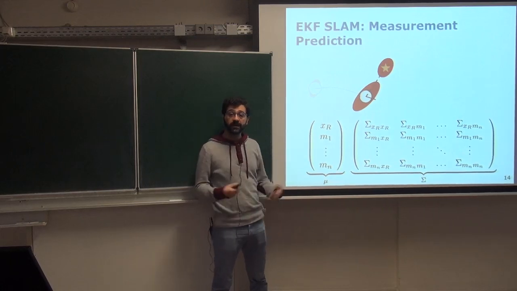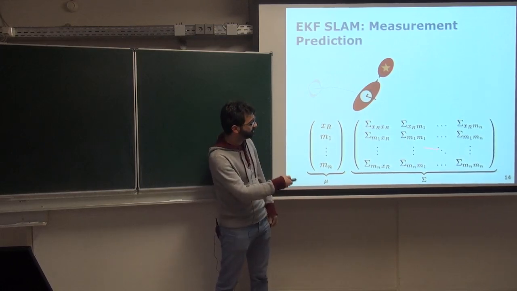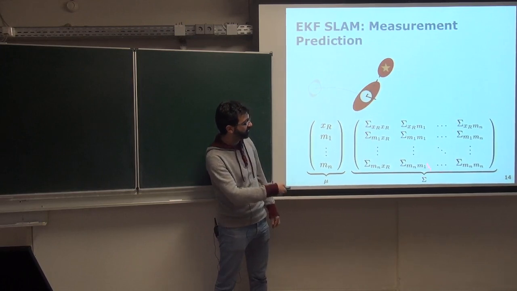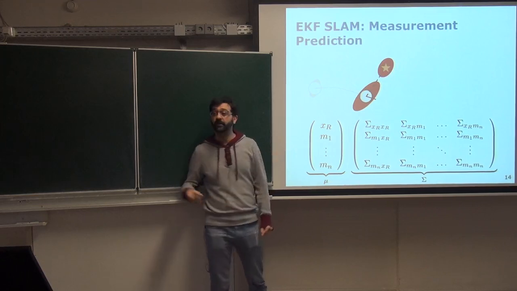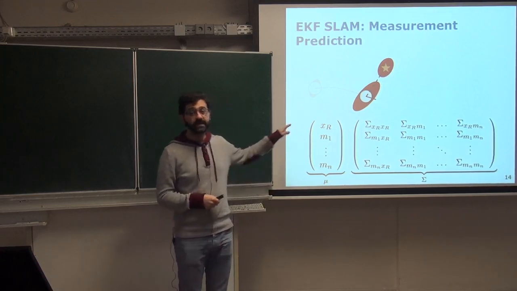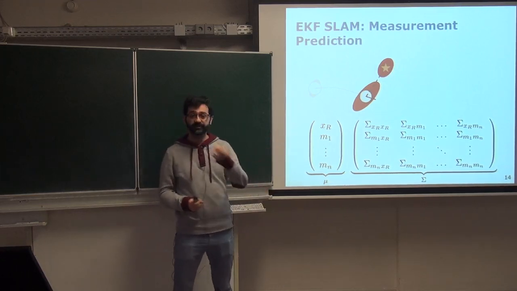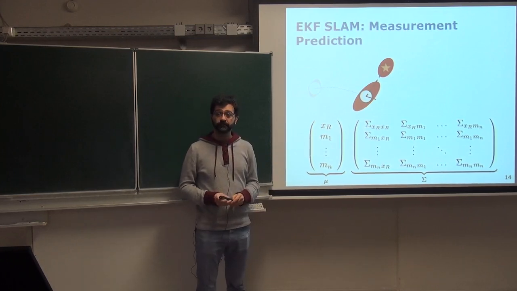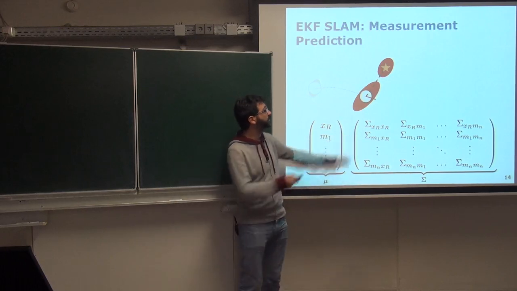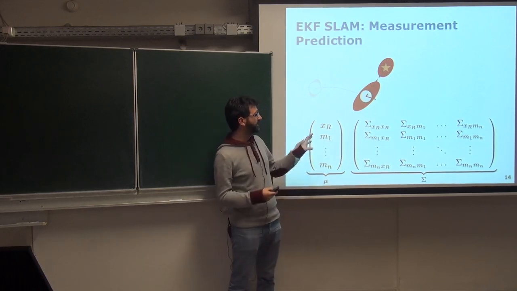Then we propagate the uncertainty of the covariance matrix through this function to get the uncertainty of the predicted measurements. We'll see later on how it works when we have a specific sensor model. Yes? The matrix is not changing. This is something which is somehow external. You can see this as a function.